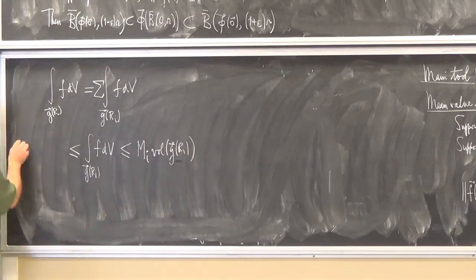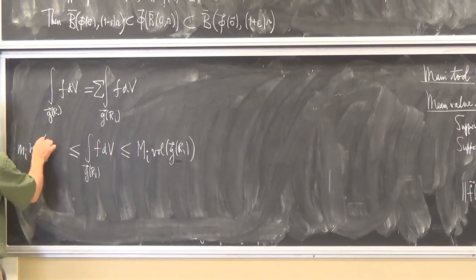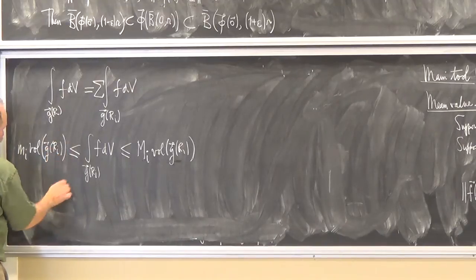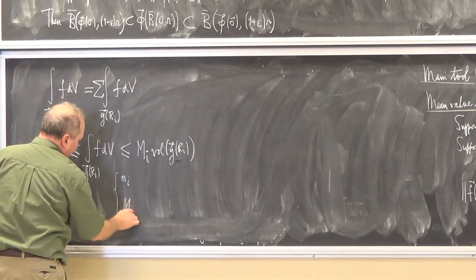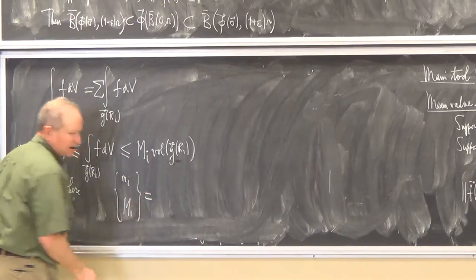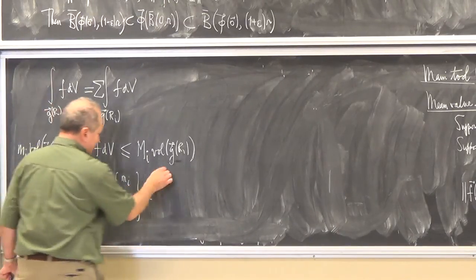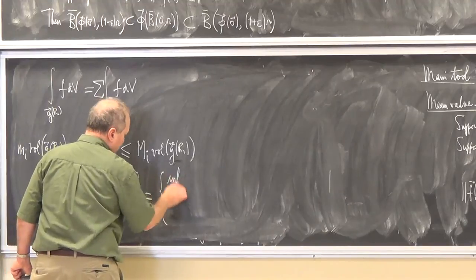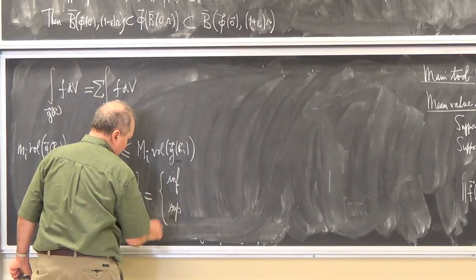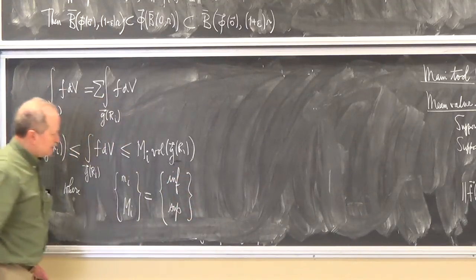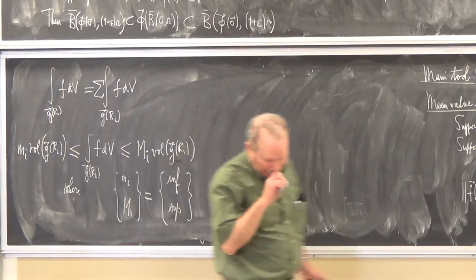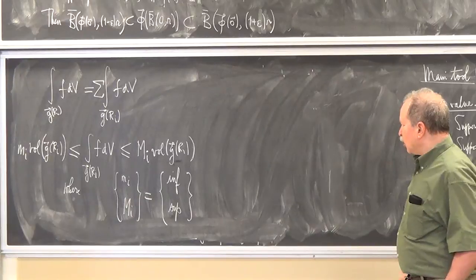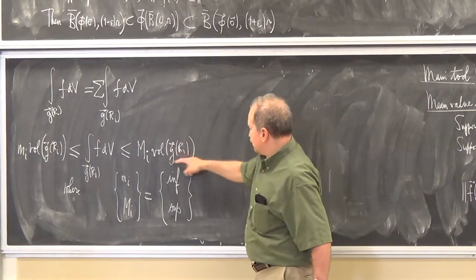And what's the smallest it could be? Well, little m sub i, the inf, times volume of g of R sub I. Where little m sub i and big M sub i are respectively the inf and the sup of what? f on this.